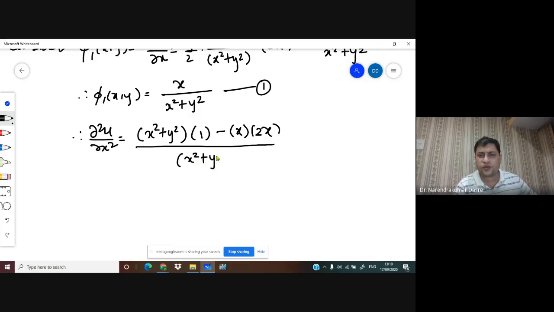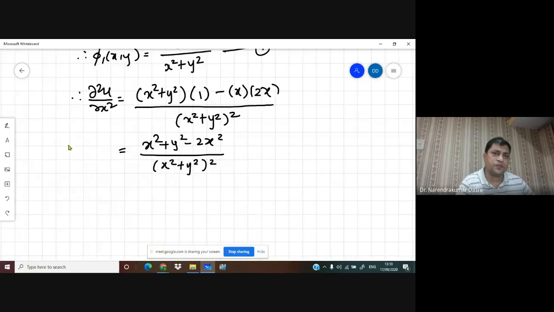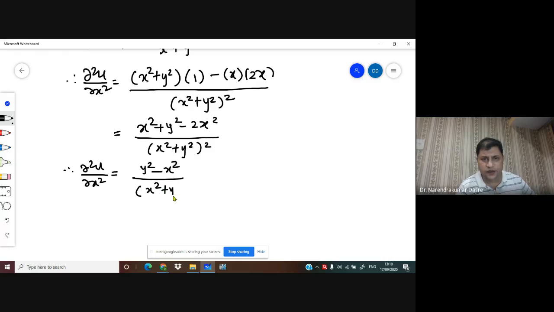So you have x square plus y square, bracket square. If we simplify this, we get x square plus y square minus 2x square upon x square plus y square, bracket square. And now we get del square u by del x square is equal to y square minus x square upon x square plus y square, bracket square.